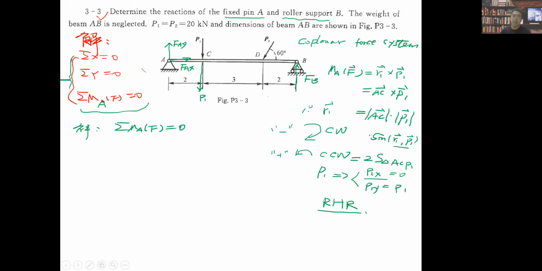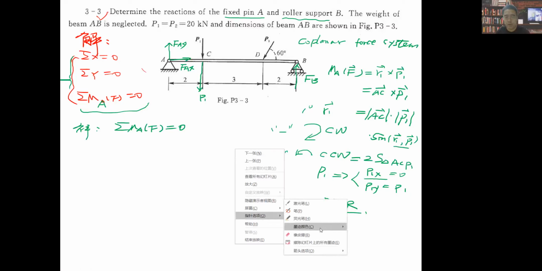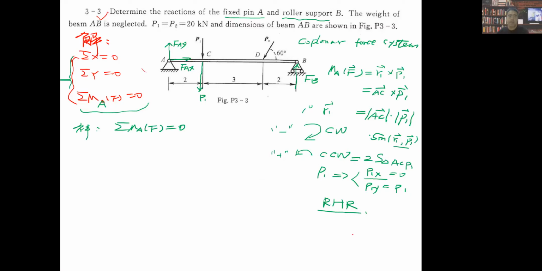If you cannot figure out the correct sign, maybe your result will not be correct, right? So since I drew a lot of green color signs on the screen, I will change my pencil color. So let's do this equation together from left to right. Because of Fy and Fx, we do not need to consider that.